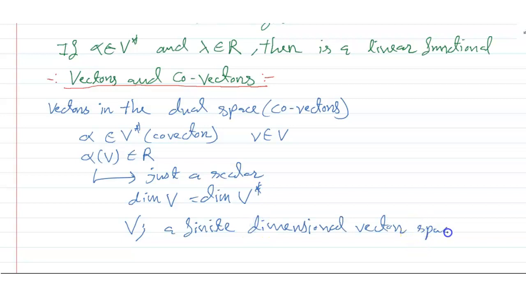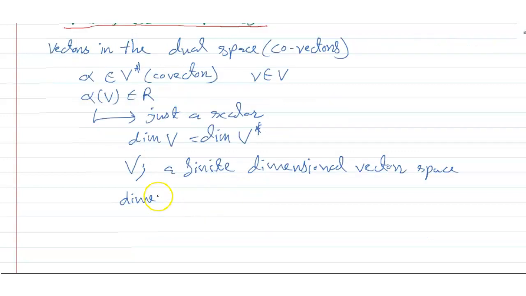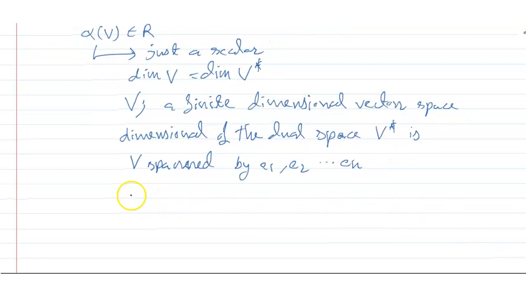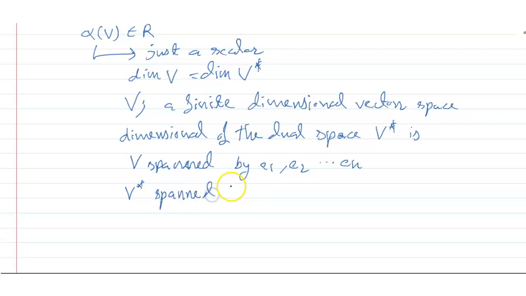The space V is spanned by e_1, e_2, ..., e_n, and V star is spanned by e^1, e^2, ..., e^n.